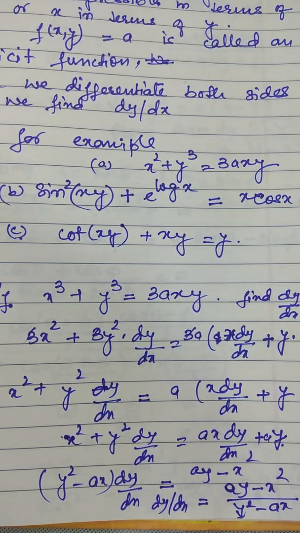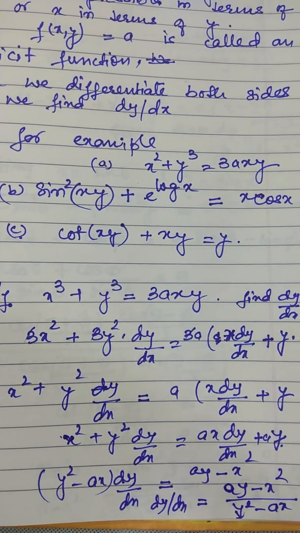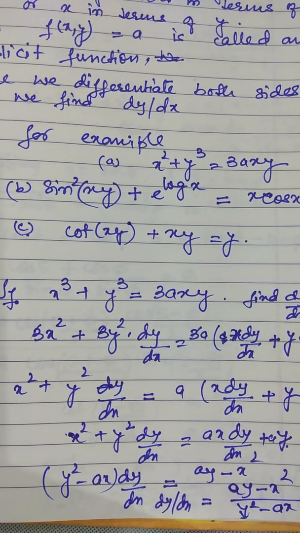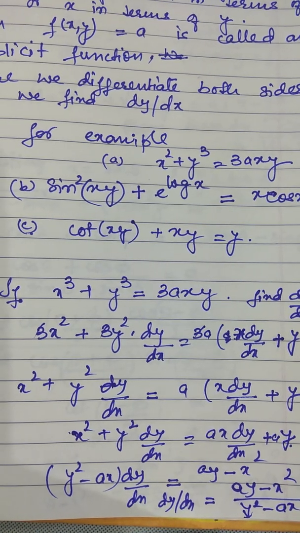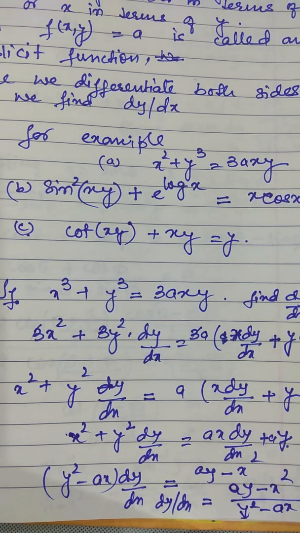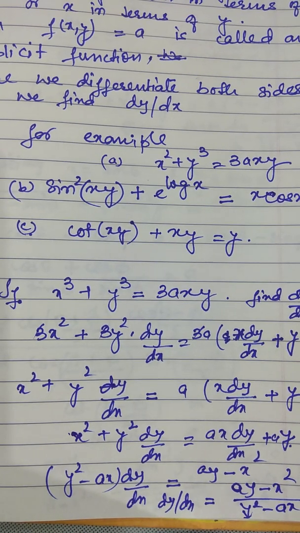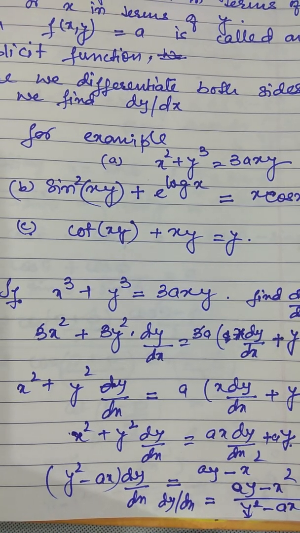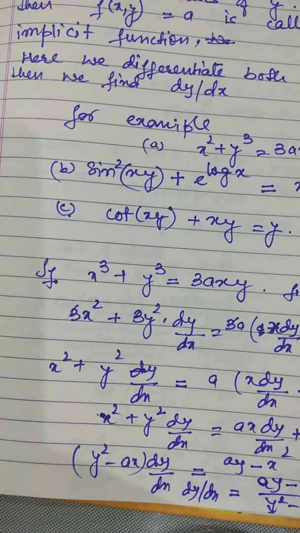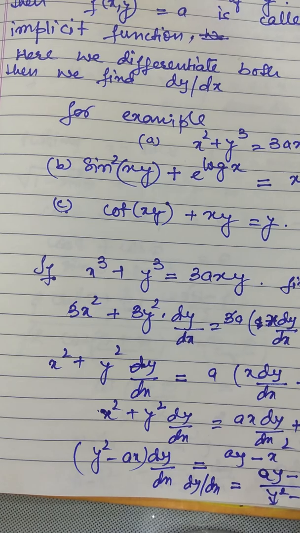So these types of functions are called implicit functions. When we differentiate with respect to x, wherever we get y, suppose we are getting y cube, the derivative of y cube is 3y square, and then we multiply by dy by dx.